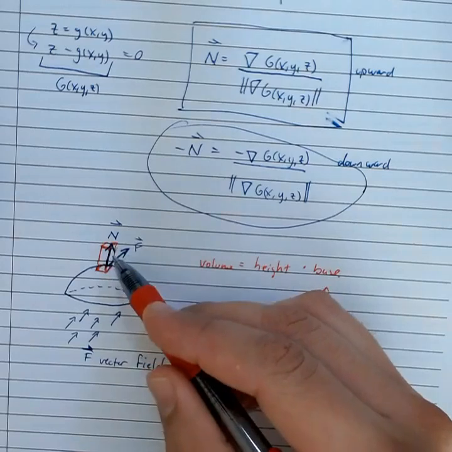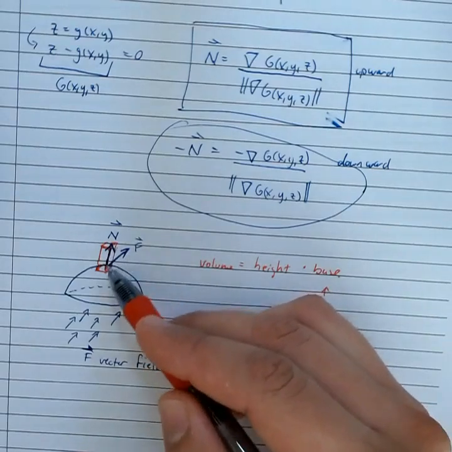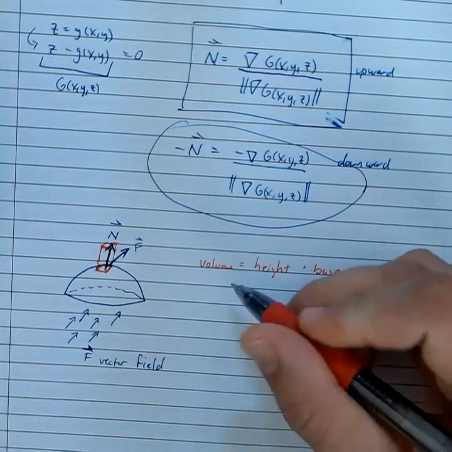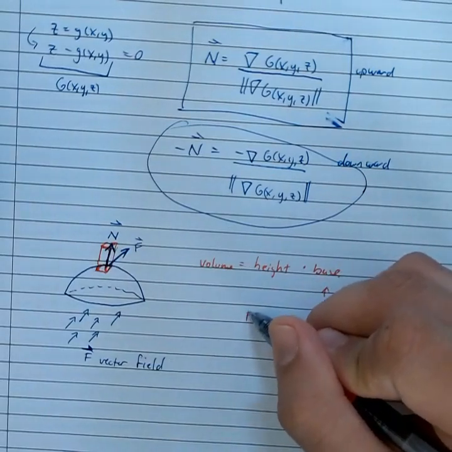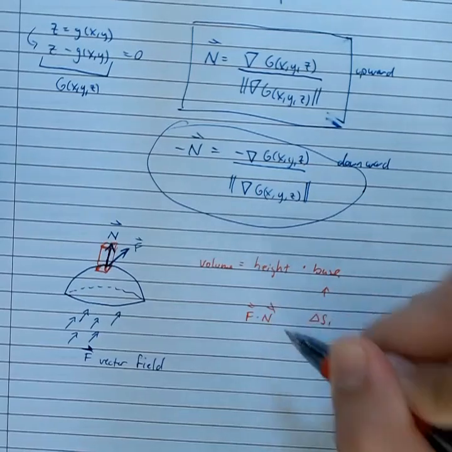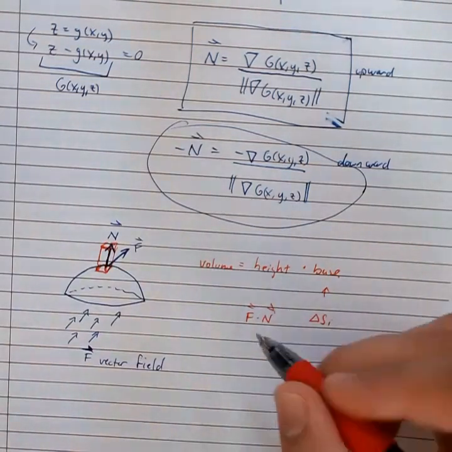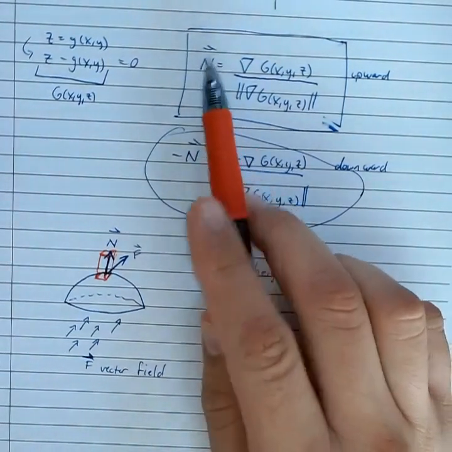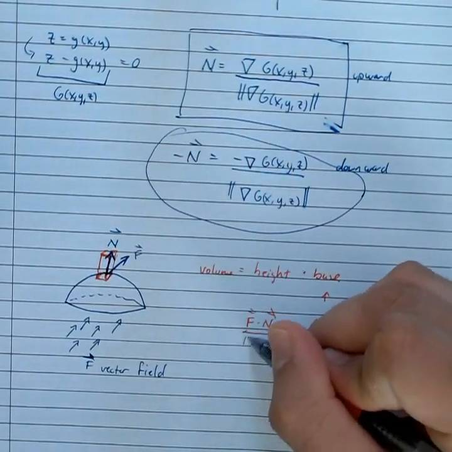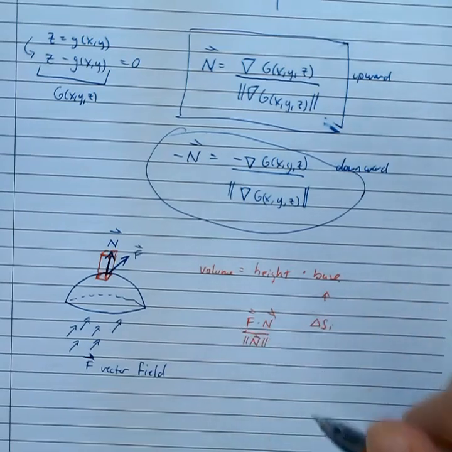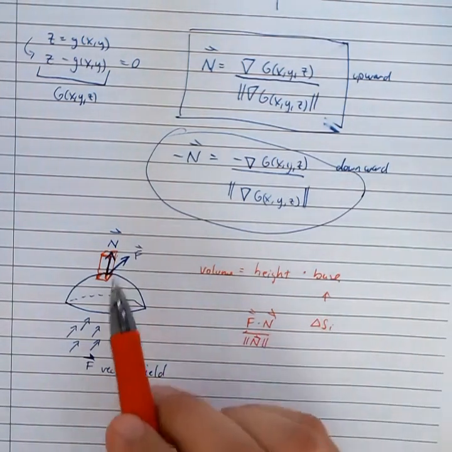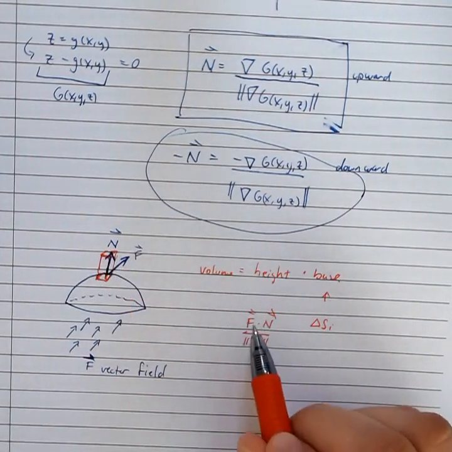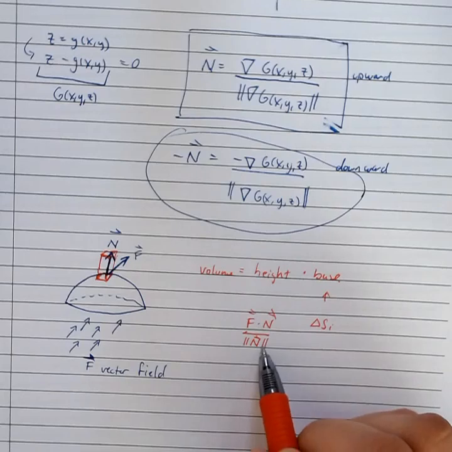If I give you two vectors and I want to know how much of this vector is in that direction, that's just given by a dot product. F dot n. Actually, it should be F dot n over the magnitude of n. But again, the magnitude of n is going to be 1. All right, so here, let me actually write that. Thinking back to trigonometry, when you project a vector onto another vector, the magnitude of that projection is F dot n over the magnitude of n.